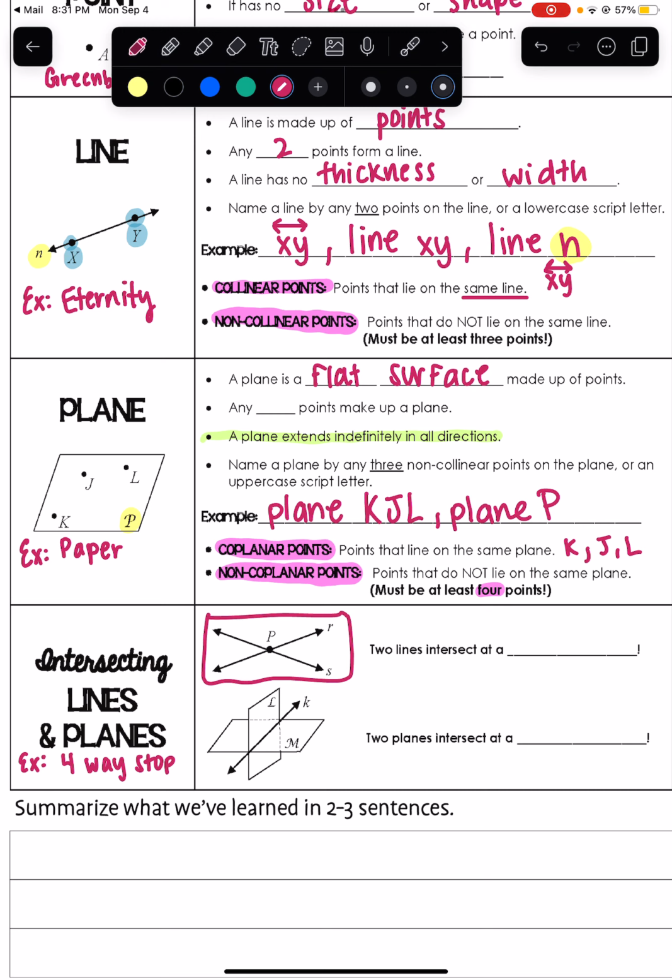So there's 4 different streets and everyone stopped and you kind of all have to go when it's your turn. And there's like 2 roads that cross each other. So this in geometry is when we have intersecting lines and they intersect at a point. Do y'all see this right here? This is the point that they intersect at.